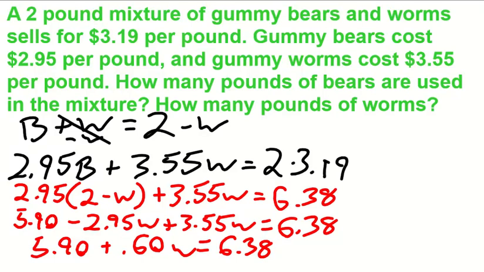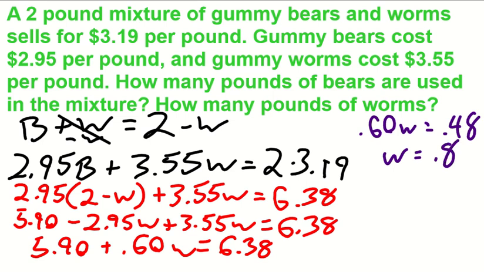I subtract 5.90. So 6.38 minus 5.90, I'll have 0.60 with the worms. And when I subtract those, that gives me 0.48. Now we divide. 0.48 divided by 0.60. Worms, I got 0.8 pounds.